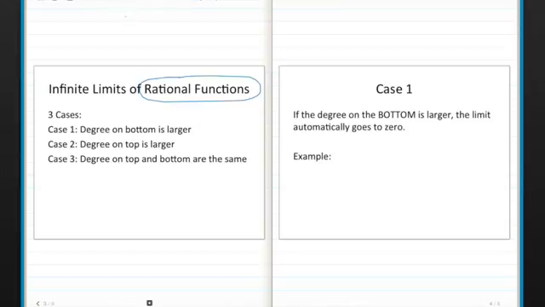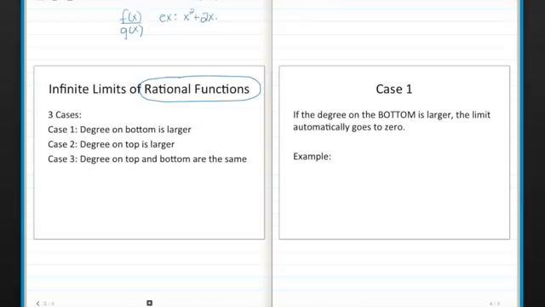First question you're going to ask yourself is, what is a rational function? And the answer is right there in the title. A rational function is a ratio of 2 functions. There'll be a function in the numerator and a function in the denominator. For our purposes, we'll be looking specifically at polynomials in the numerator and denominator.